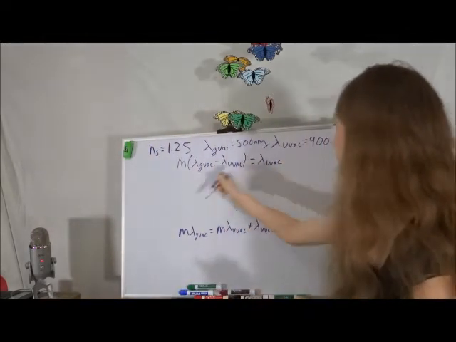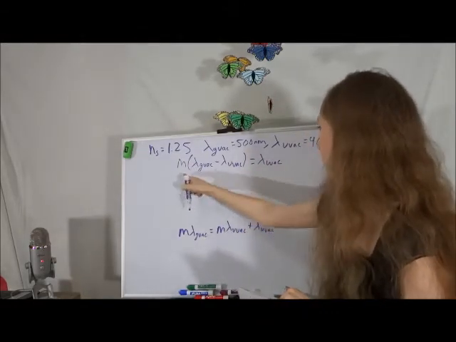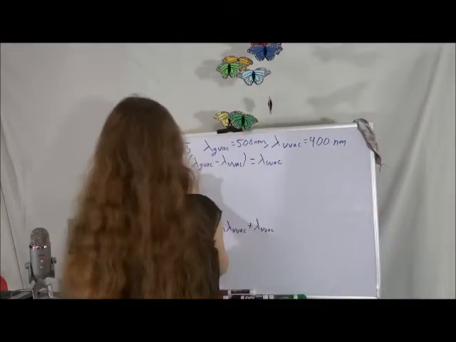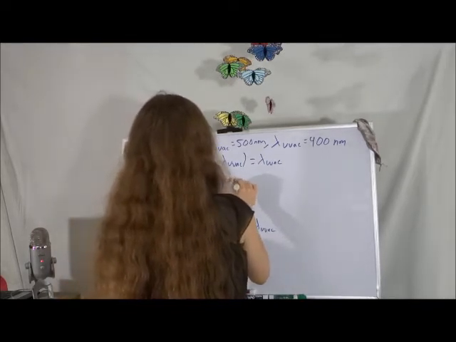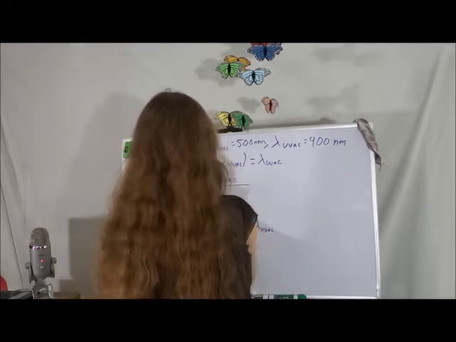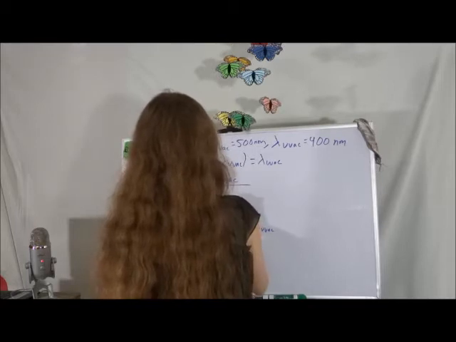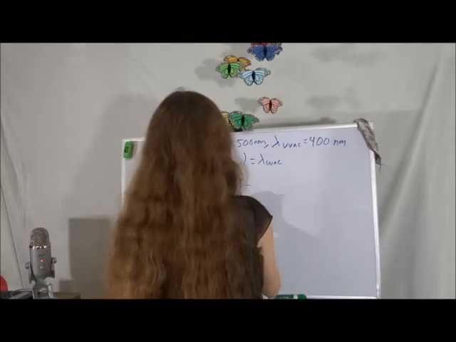We're going to divide both sides by this expression right here so we can get M by itself. So we're going to have M is equal to lambda V vac divided by lambda G vac minus lambda V vac.